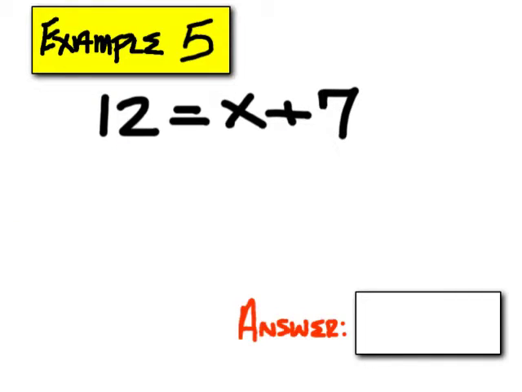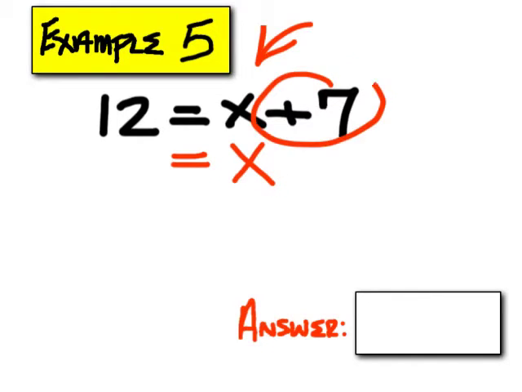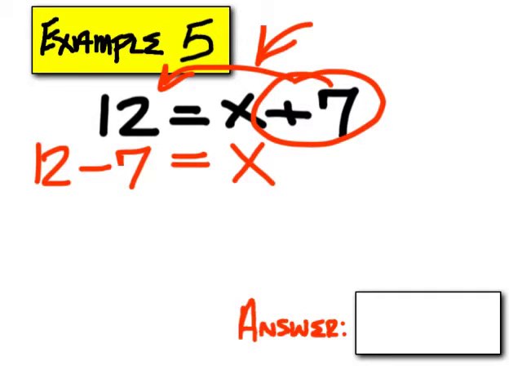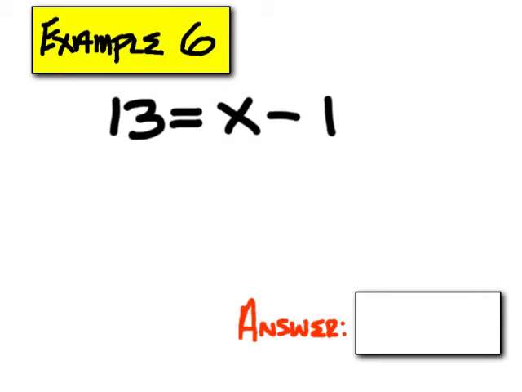Example number 5. Notice that the x is on the right side. Leave it on the right side, and whatever is with it will be moved to the left side and do the opposite. Plus 7 becomes minus 7 on the left. 12 minus 7 is 5. Again, the x is on the right. Leave it there.